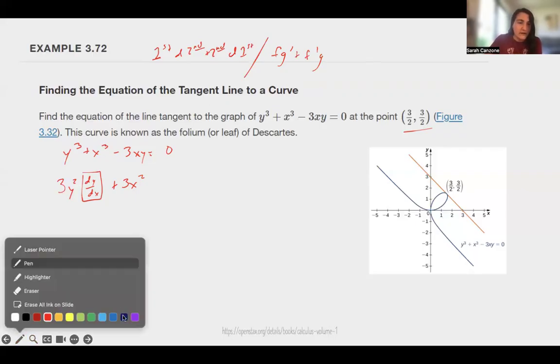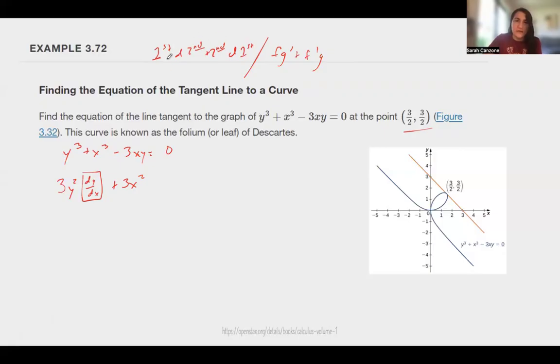I'm again going to use first times the derivative of the second plus second times the derivative of the first. And I'm just going to group like this so I know what my first and my second are. So I'm going to say minus 3x is my first, and the positive y is going to be my second. So that gives me first, minus 3x, times the derivative of the second. The derivative of y is dy/dx.